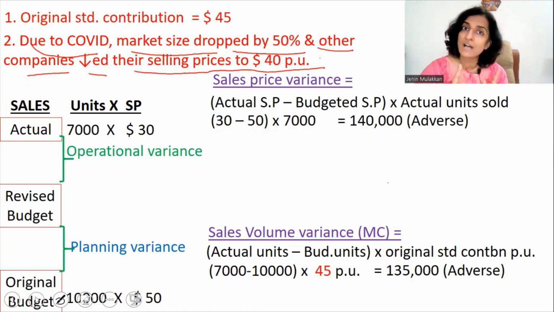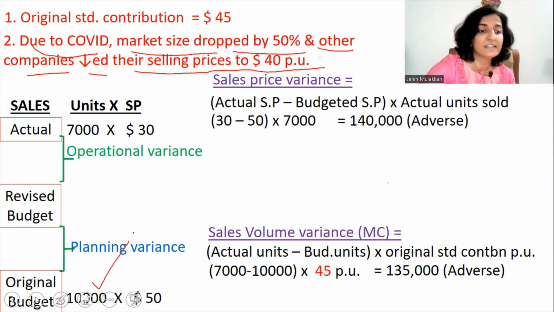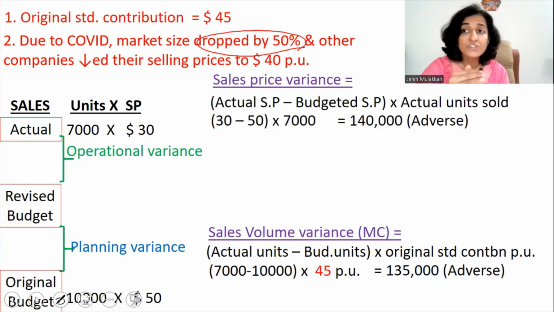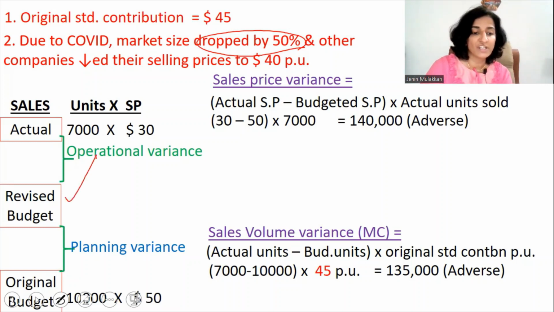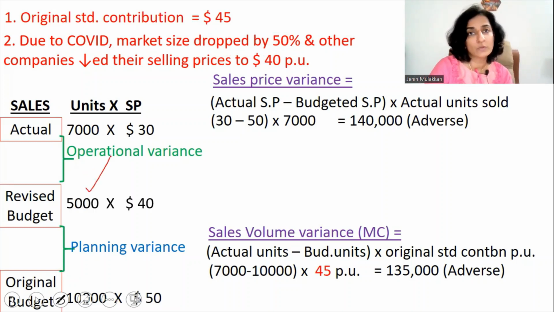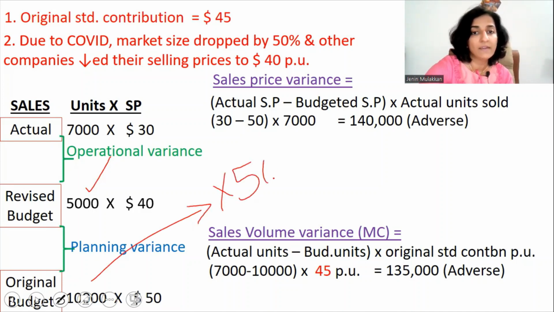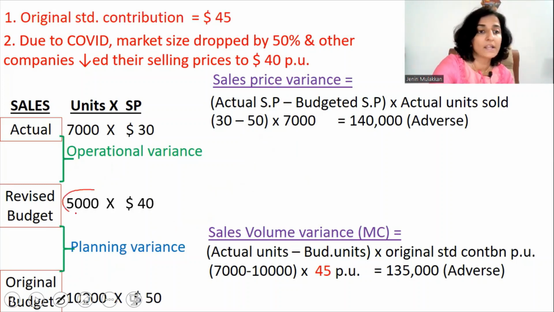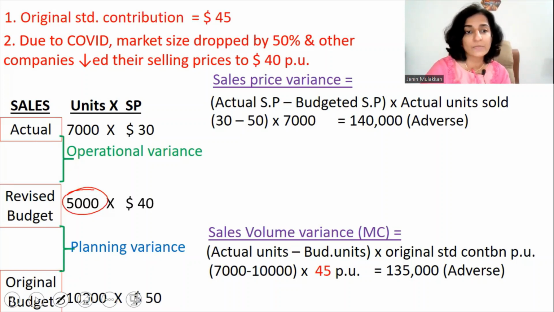So immediately we should understand that the budget has to be revised. So instead of 10,000 units, since the market size has dropped by 50%, the target or the original budget should also drop by 50%. So in the revised budget, the units will be 5,000 units only. That is 10,000 units multiplied by 50%, because the market size has dropped by 50%. That is how I got 5,000 units in the revised budget.